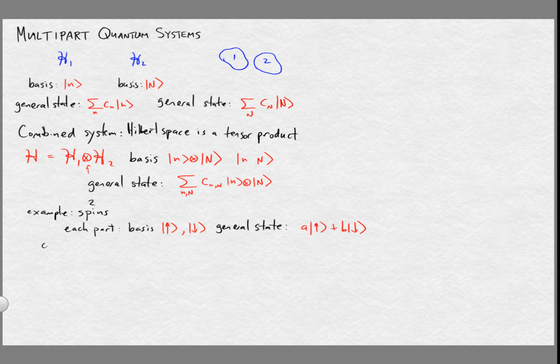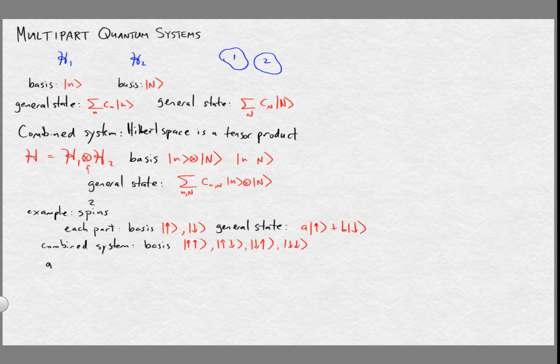And now the combined system, as we described above, is going to have a basis that looks like all possible pairs. So up up, up down, down up, and down down.